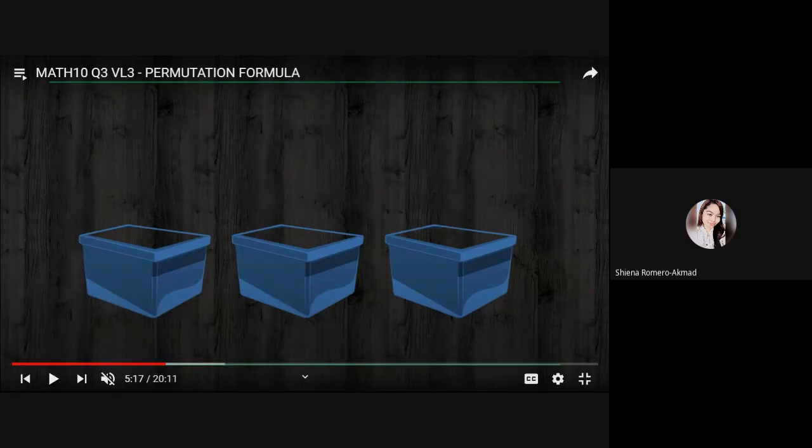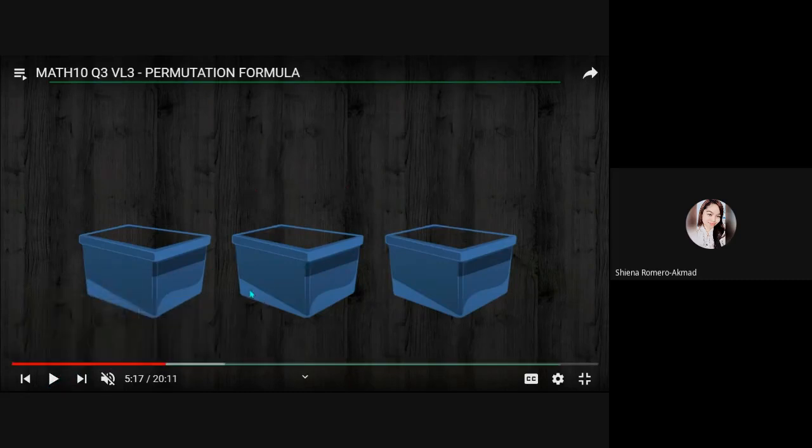Ilang items ulit meron tayo? 8 po ata. 8. So, sa first box, kung papipiliin ka from 8 items, ilan yung choices mo? 8 po. So, sa first box, we have 8 choices.